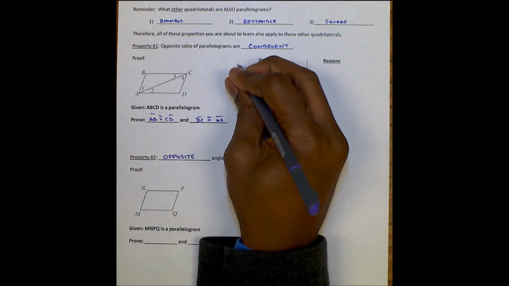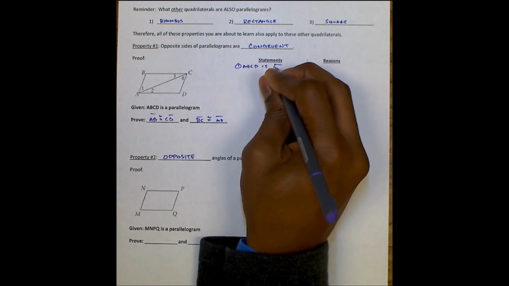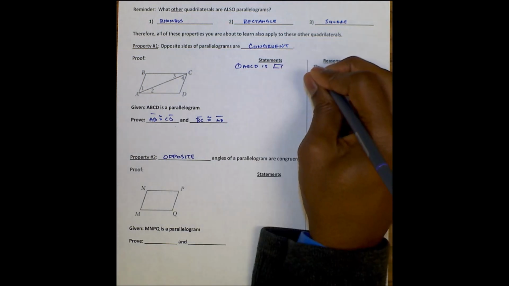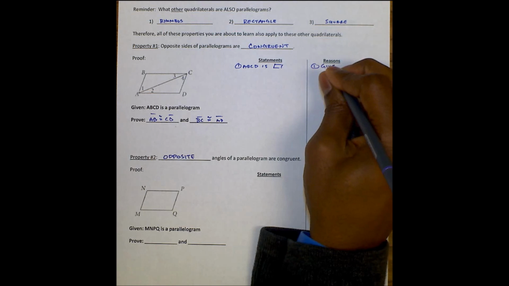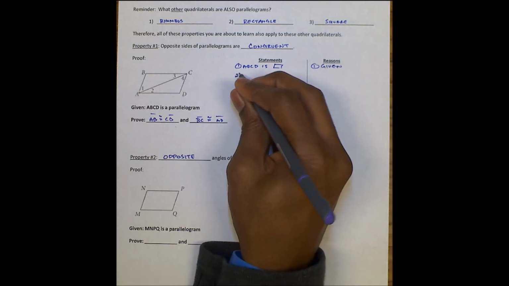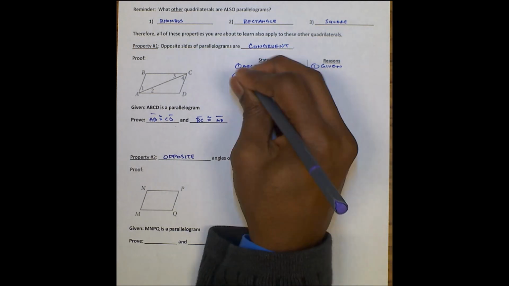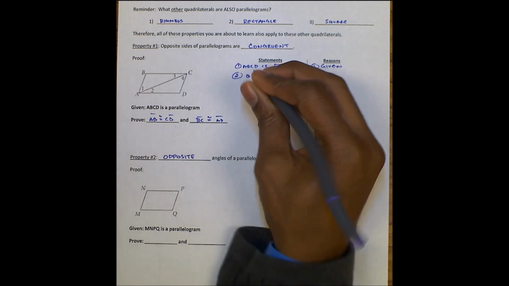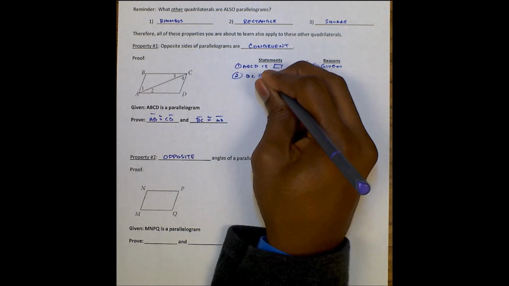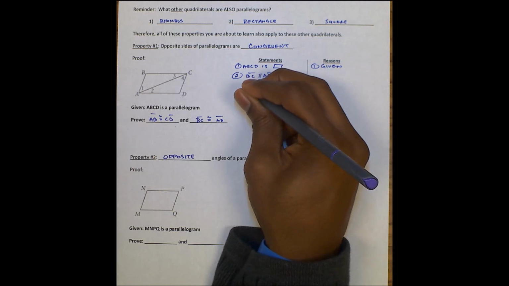And so we'll start by saying the given statement: ABCD is a parallelogram, and that was given information for us. From there, since we know that it's a parallelogram, we can use the characteristics of a parallelogram, that being that BC is parallel to AD, that the opposite sides are parallel to each other, and that AB is parallel to CD.